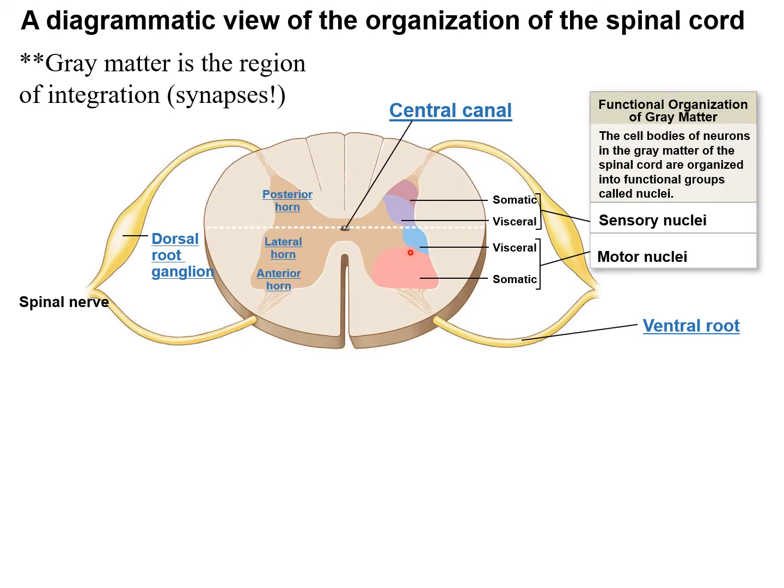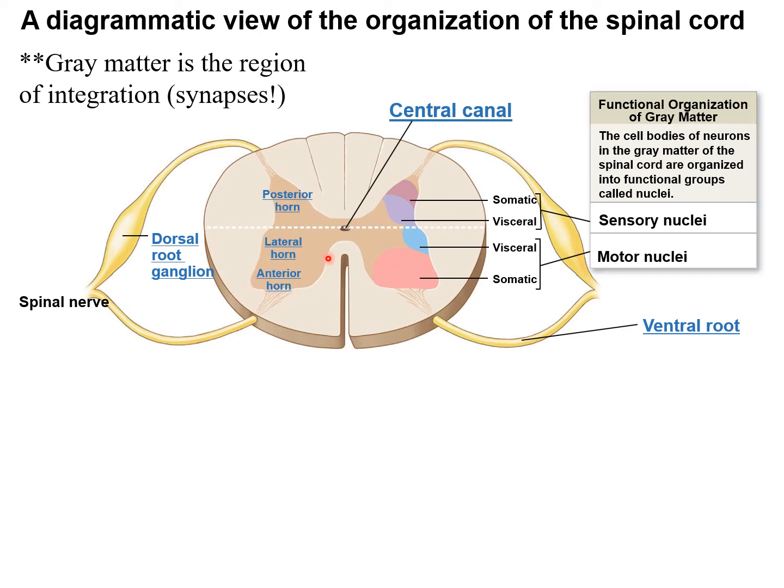Okay. We can name different structures within the gray matter. Right? So up here where the sensory information is being relayed, this is called the posterior or the dorsal horn. Right? So just this shape of gray matter. Okay. On the other hand, we have the anterior horn, right?